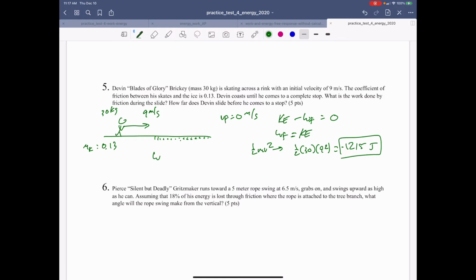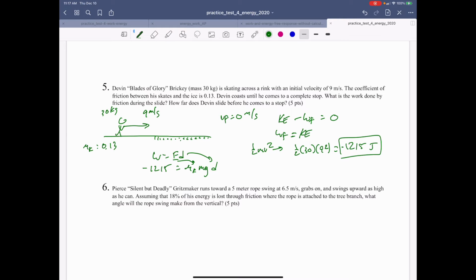Well, remember that work is equal to Fd. So if friction does negative 1215, negative 1215 equals, now the force of friction is going to be mu sub k times mg, and then times d. The d goes there, the force is here.